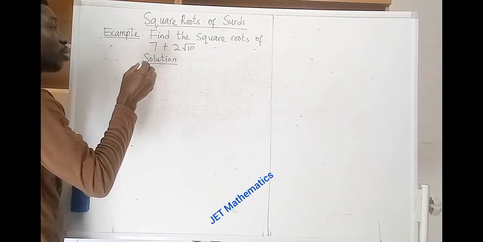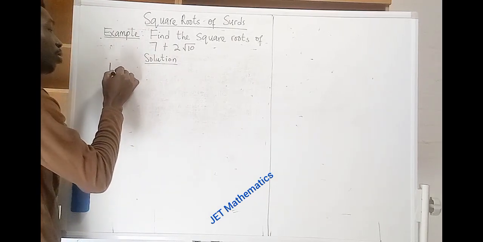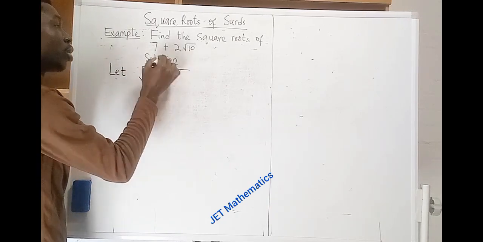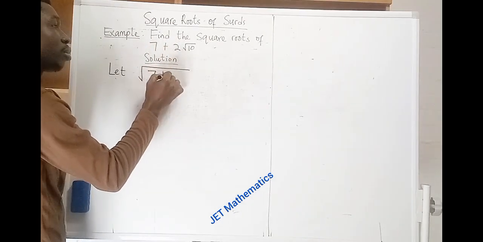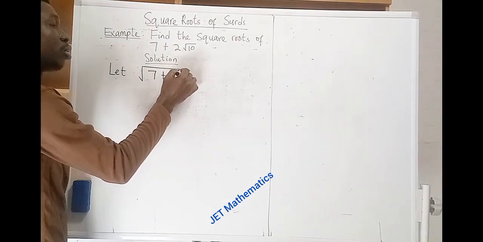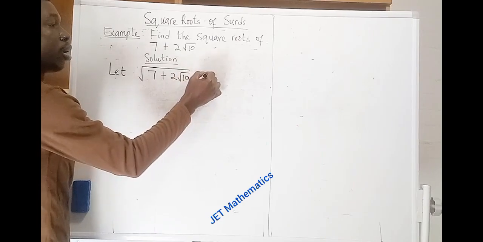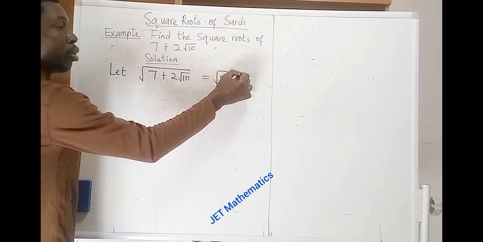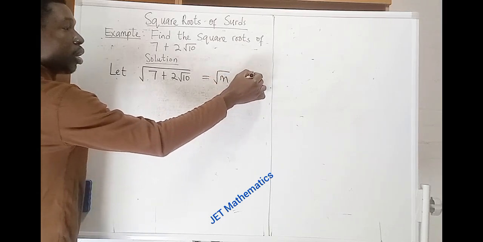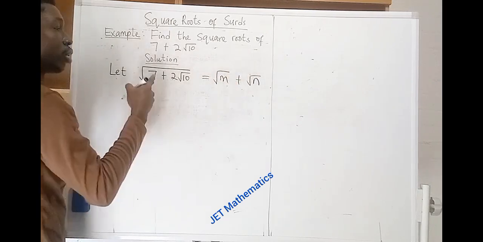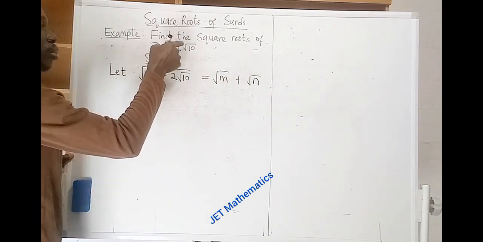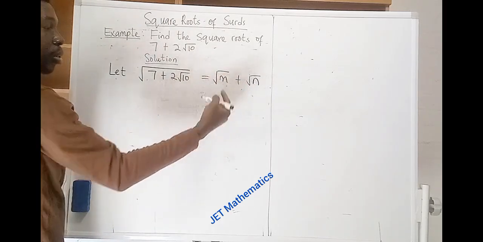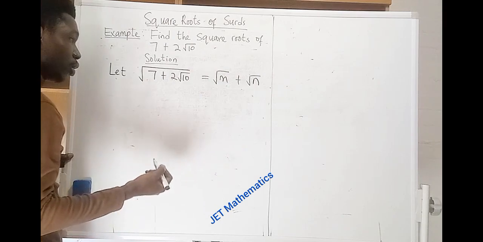To solve this, we'll say let the square root of 7 plus 2 root 10 be equal to root m plus root n. So we're going to find m and n, and then we'll get our solution.